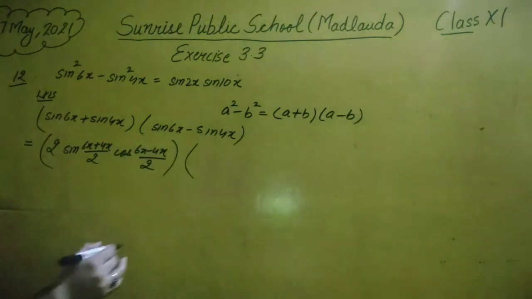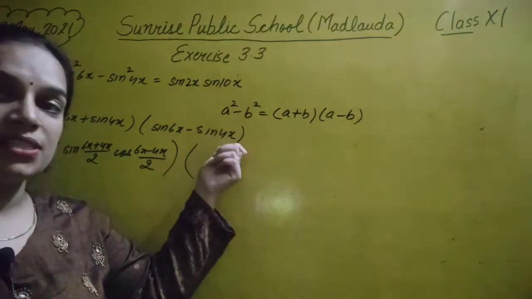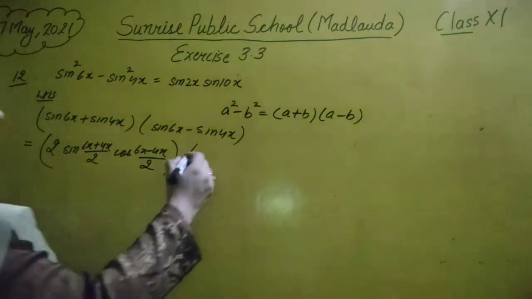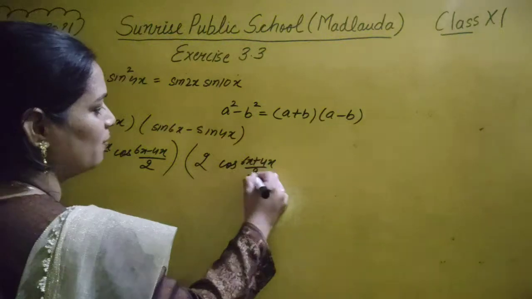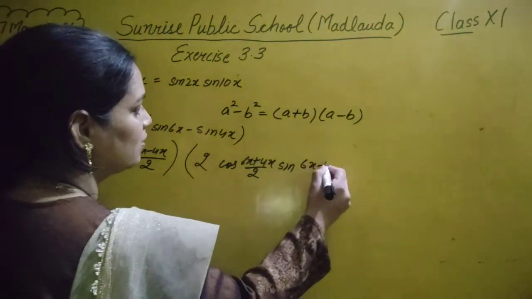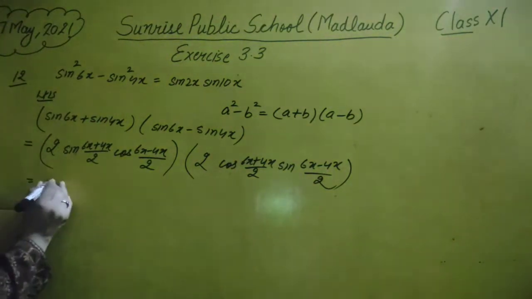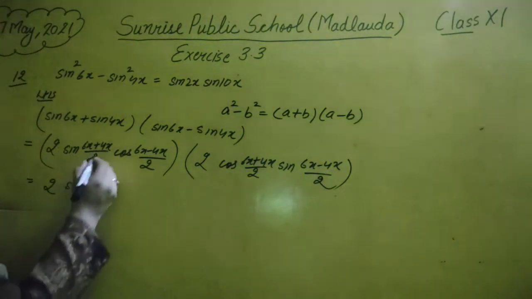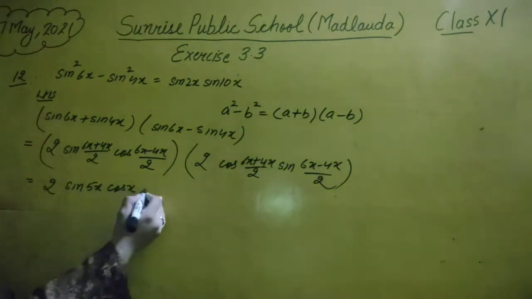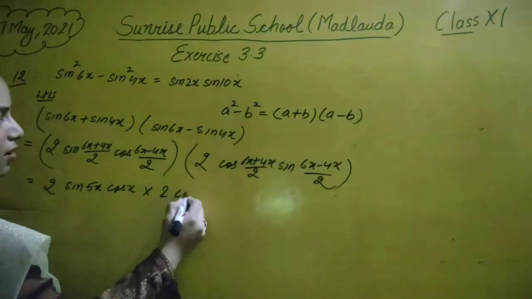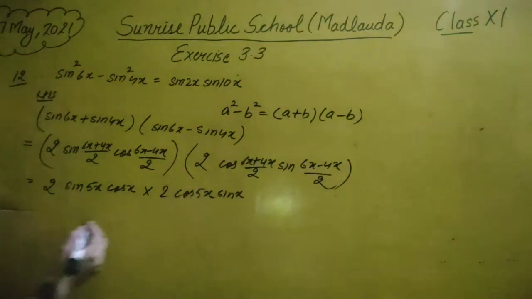And sin 6x minus sin 4x, according to the identity sin x minus sin y, that is s minus s, is 2 cos s: 2 cos of (6x plus 4x) divided by 2, sin of (6x minus 4x) divided by 2. Now we will simplify it. After simplification there will be sin 5x cos x, and cos 5x sin x.